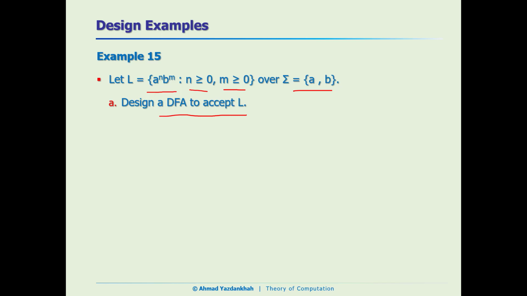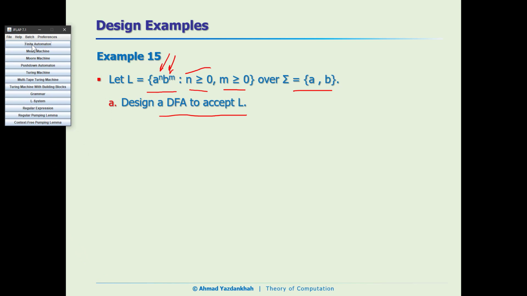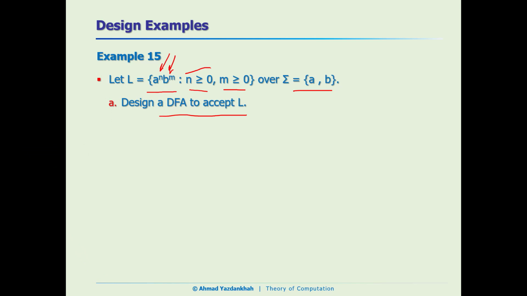Okay, so to have a feeling about what strings are this, it is saying that any number of A's followed by any number of B's. For any number of A's, we already know what it means. Let me bring up my JFLAP. This is my JFLAP and finite automata.